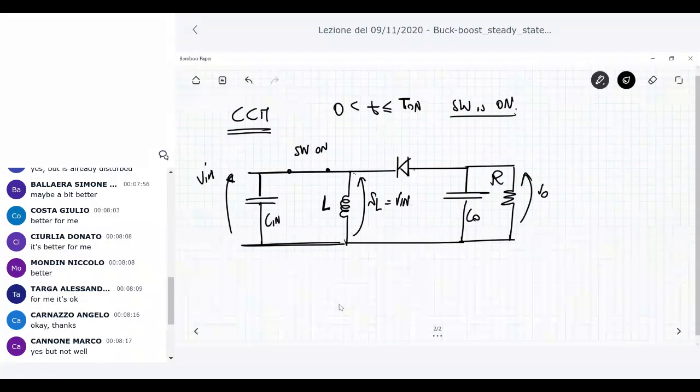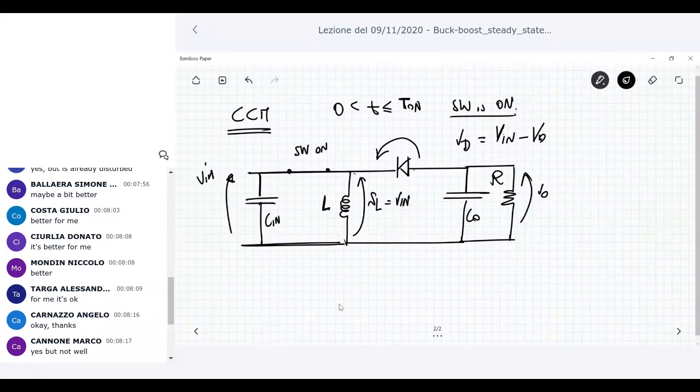Look at the voltage across the diode, the voltage between the cathode and the anode. This is VD equal to V_in, which is the voltage across the inductor, minus V naught. So, what is the basic characteristic of the buck boost?